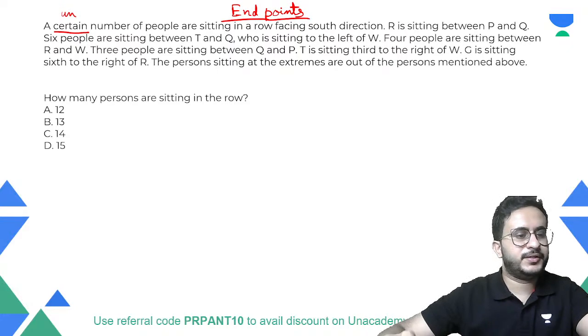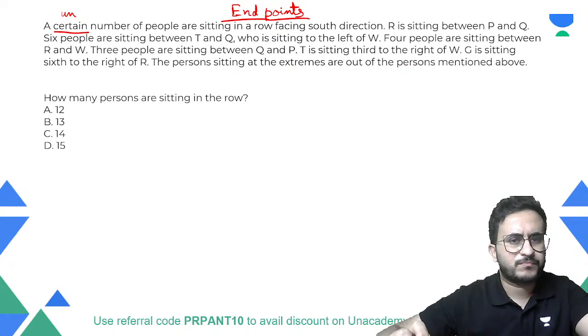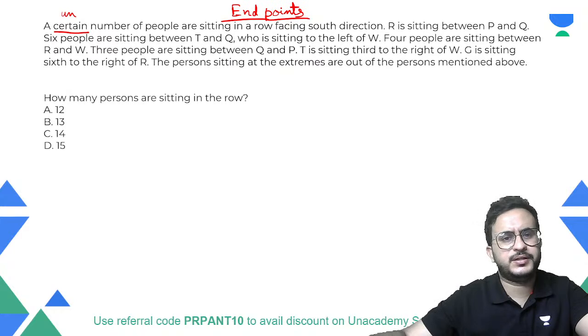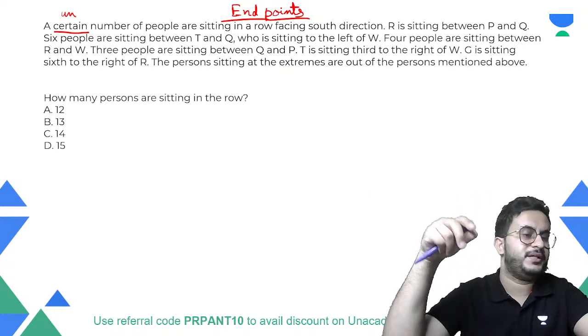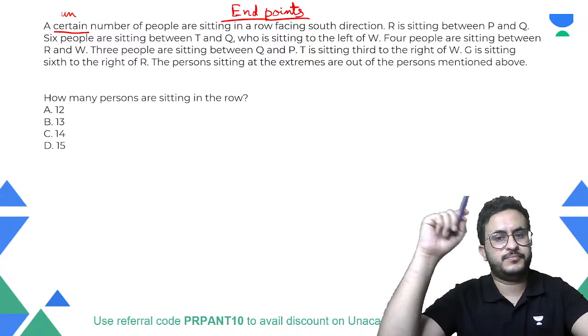So the theme of these questions is they will give you, let us say there are 15 people, they might give you some 8 people names and others are not known.